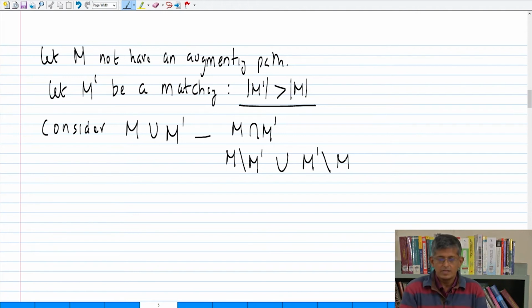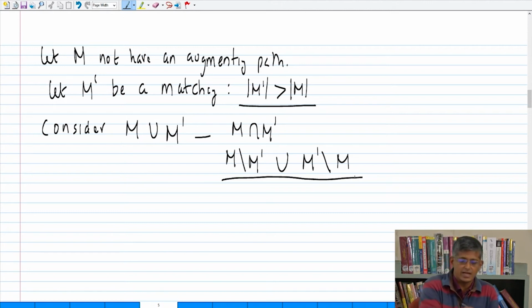Right. Now let us observe some nice properties here. What can you say about the graph formed by the edges only in the symmetric difference?